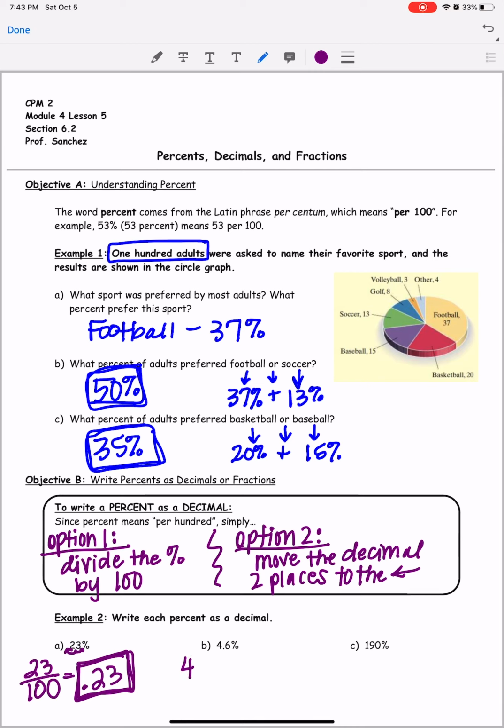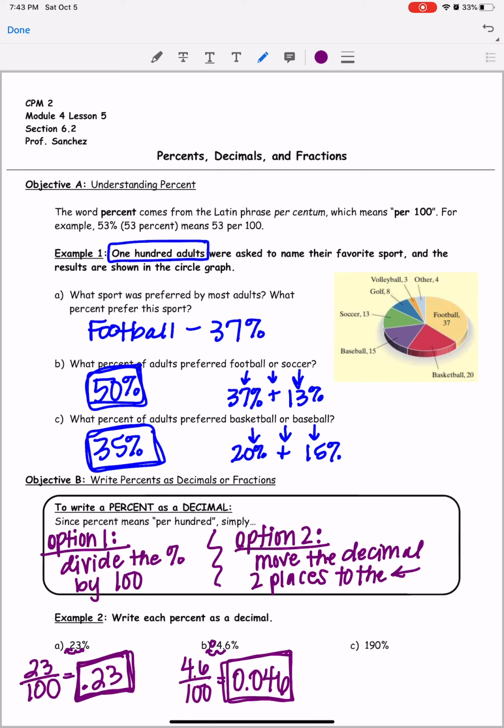Same thing here, 4.6%. We can do 4.6 divided by 100. That's going to give us 0.046. Or you just take that decimal, move it 2 places to the left, and put that 0 right there as the placeholder.